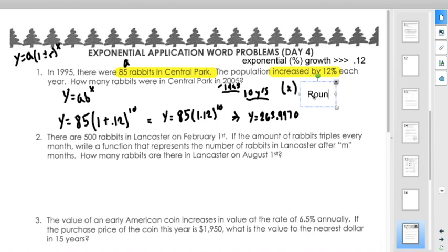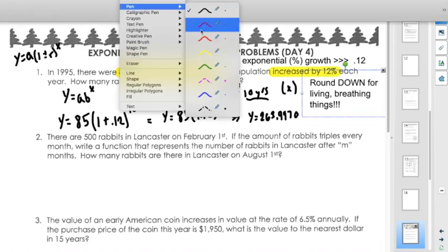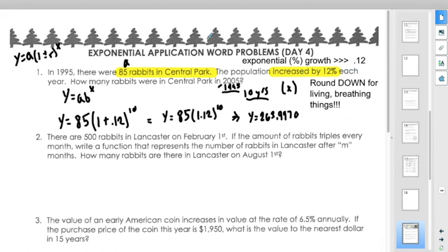So put this little side note: round down for living, breathing things. So my answer here would really be 263 rabbits.